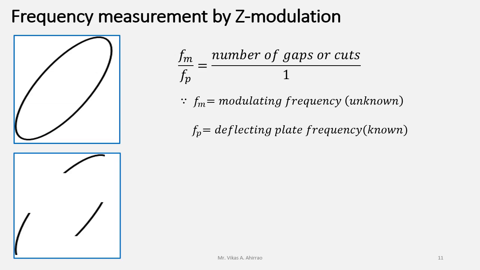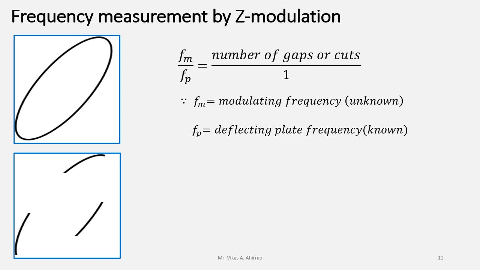You have to remember Fm is the unknown frequency and Fp will be the known frequency. Their ratio will be equal to number of gaps or cuts upon 1.